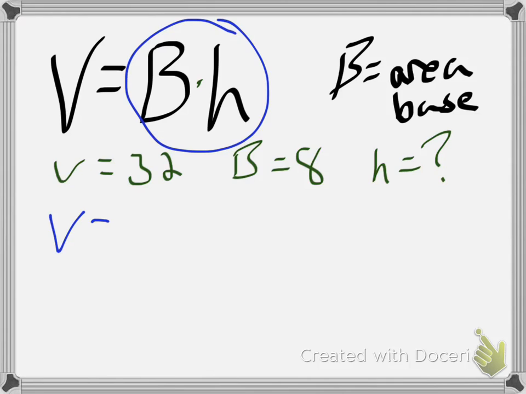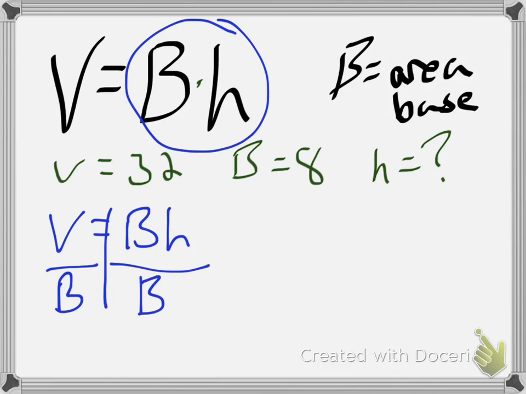So V equals BH, I'm going to divide by B. Whatever happens on one side, I do it to the other side. So you see B divided by B is 1. They basically cross out. You're left with 1 times H, which is H. And then on the other side, you get just V divided by B.